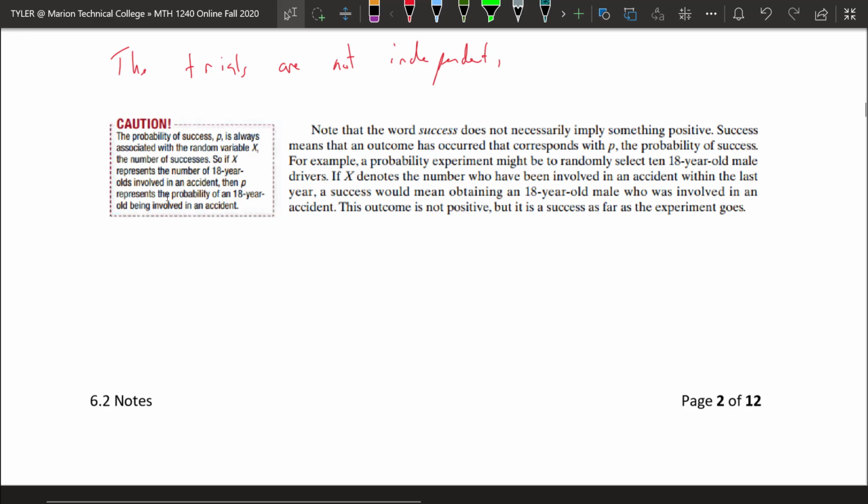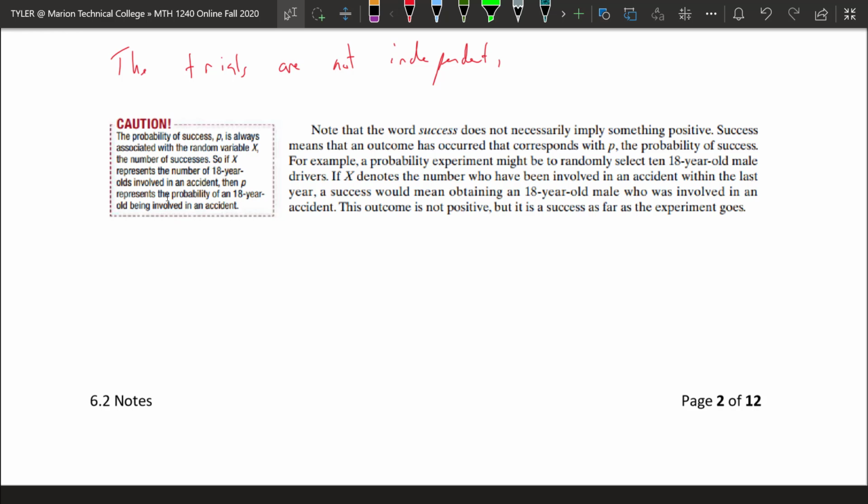Right, so then this is a note that I want to make. It says, note that the word success does not necessarily imply something positive, right? So success means that an outcome has occurred that corresponds with p, the probability of success. For example, a probability experiment might be to randomly select 10 18-year-old male drivers.